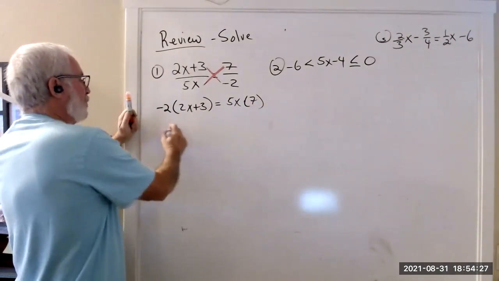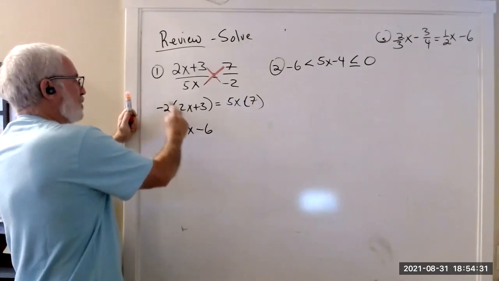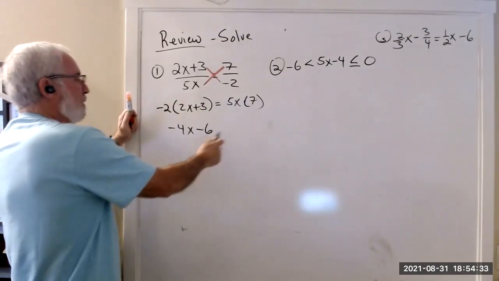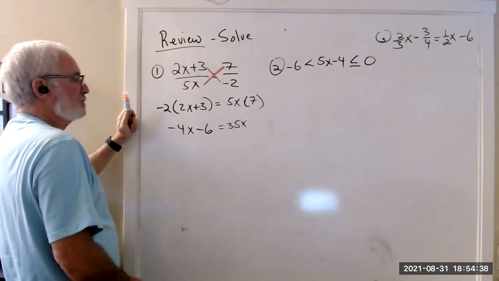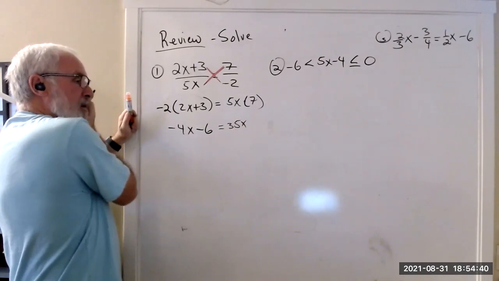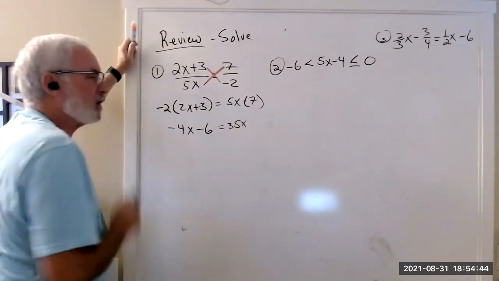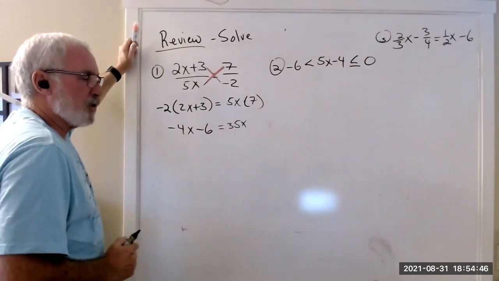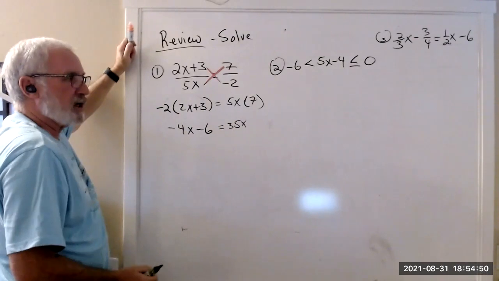And so this gives me negative 4x minus 6, because I distribute the negative 2 in here, equals 35x. Okay? Now remember, the goal in equation solving is to get all your x's together on one side of the equal sign and all your numbers on the other side.